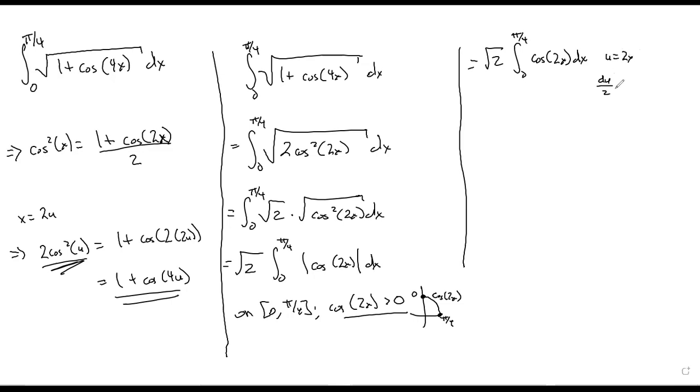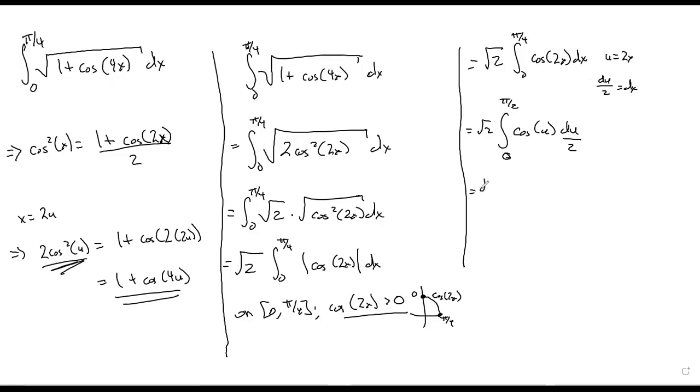So du over 2 is dx. And we have square root of 2. When x is 0, u is 0. When x is pi over 4, this is pi over 2. And we have cosine u du over 2.